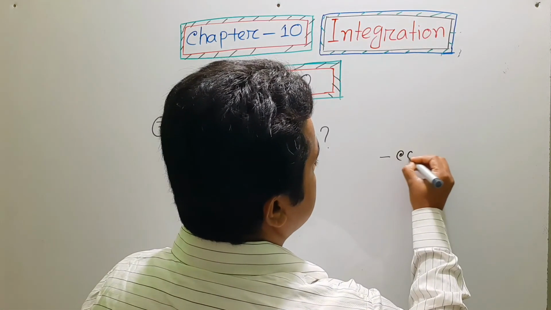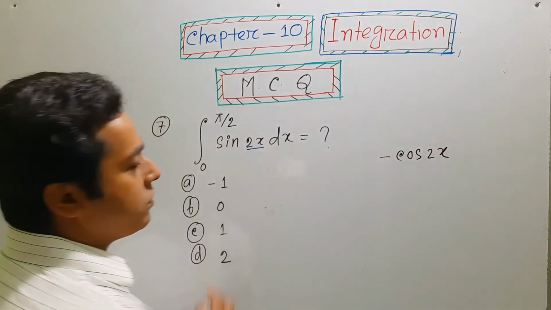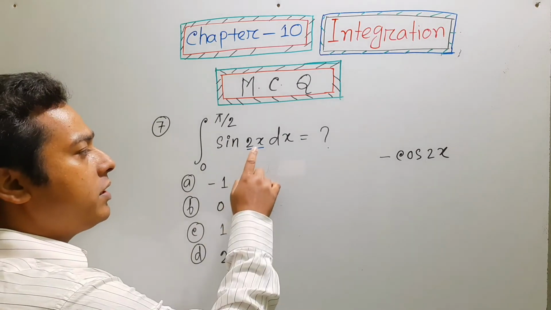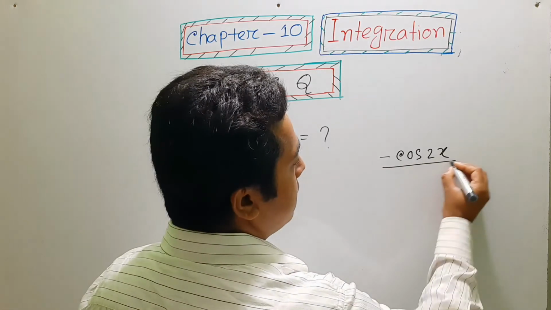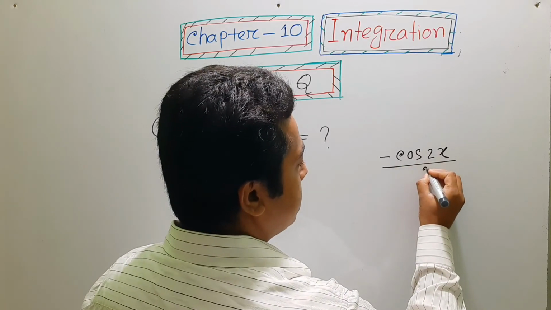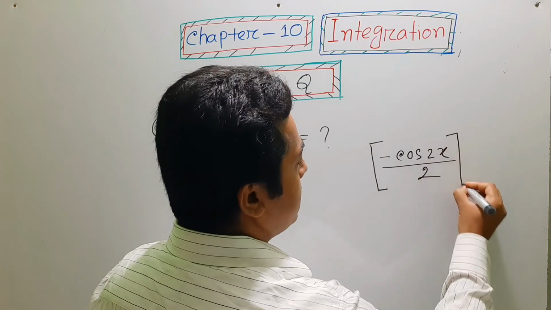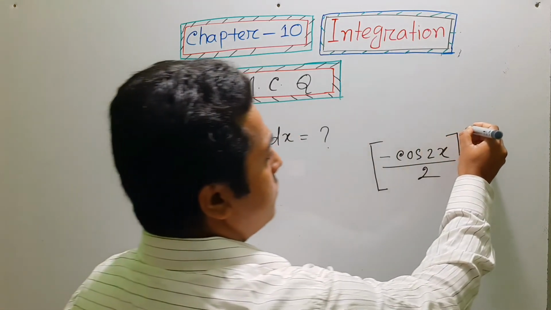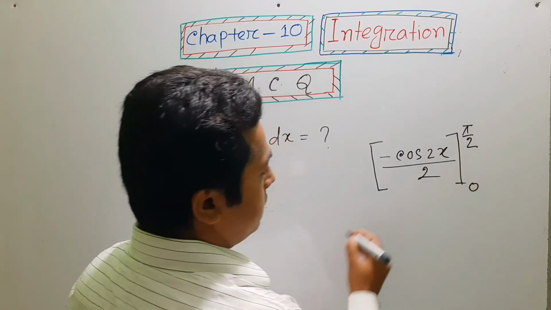So minus cos 2x, here x is 2x, and the constant involved with x is 2. So our technique is divide by the constant 2, and upper limit pi by 2 and lower limit is 0.